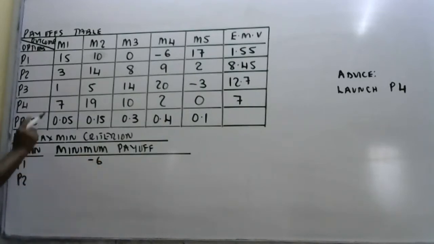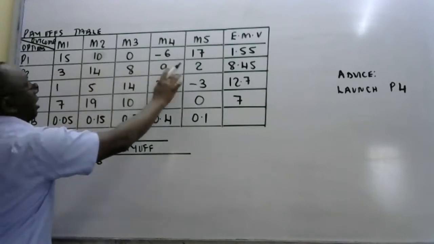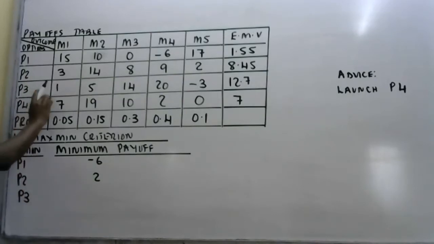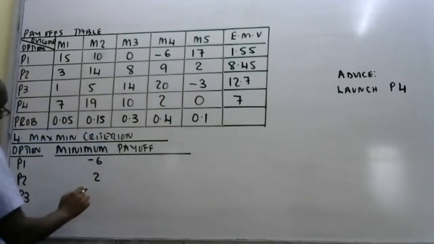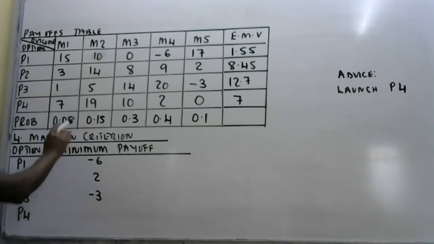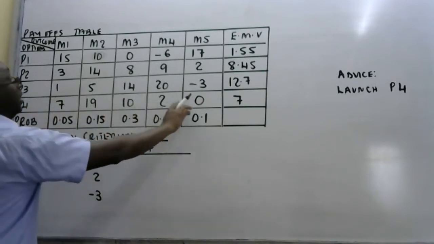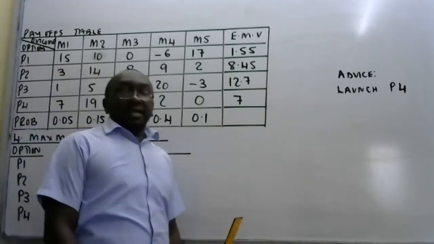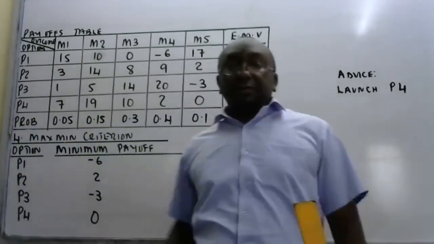Option P2, the minimum is 2. Option P3, the minimum is -3. Option P4, the minimum is 0. That's the first thing, you extract the minimums.